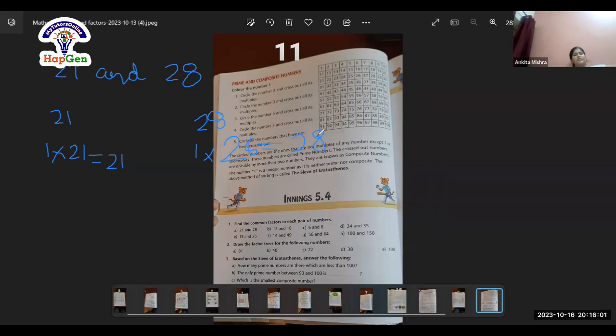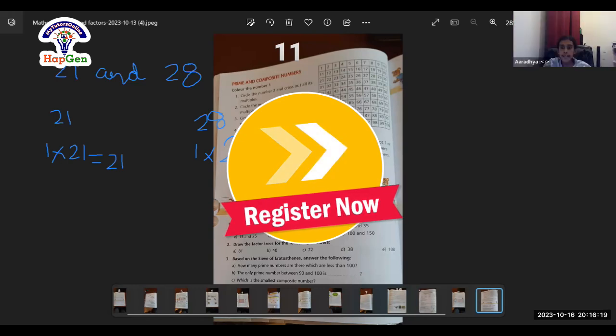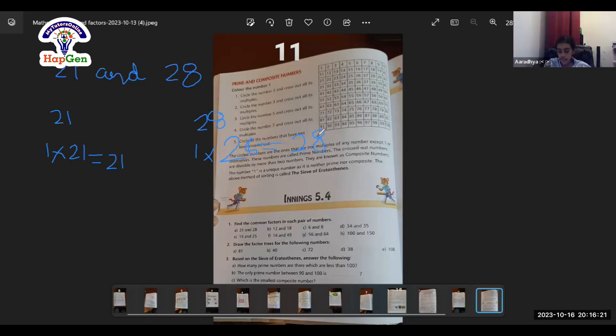Now tell me, in which number's table does 21 come? The table of 3, 7 times. Okay. And what about 28? 2 times 14.